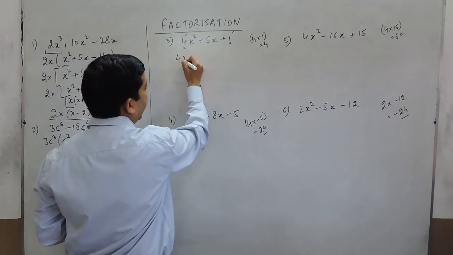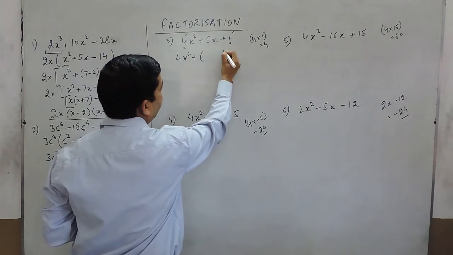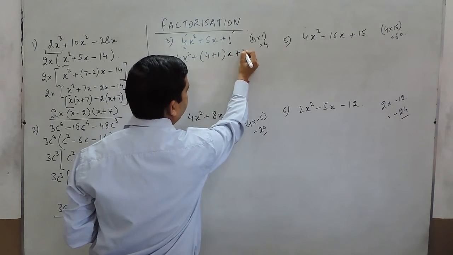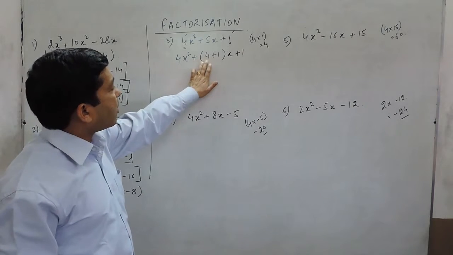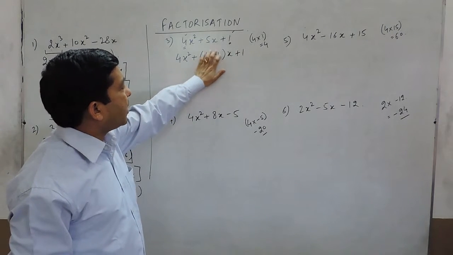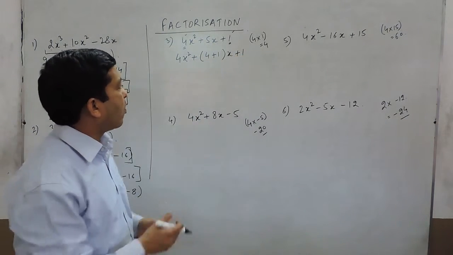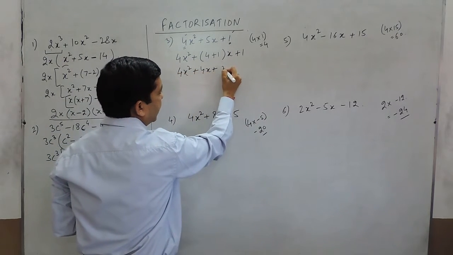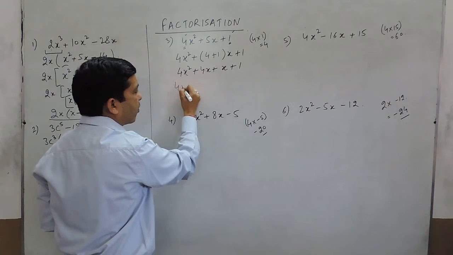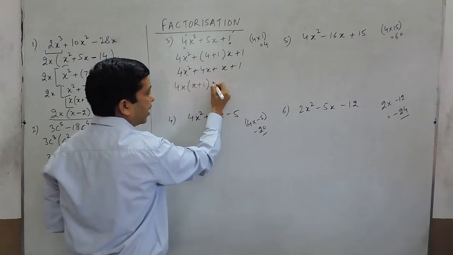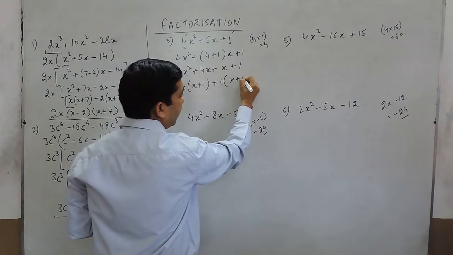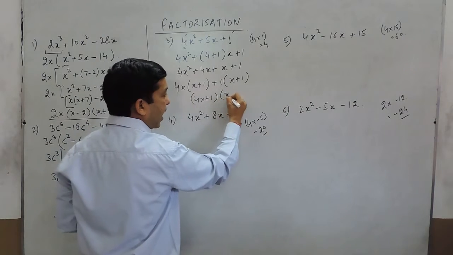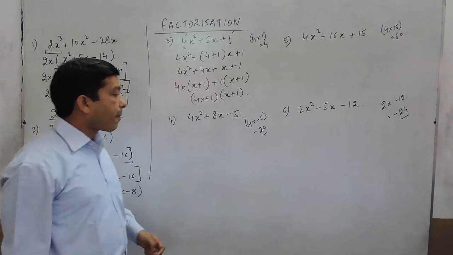Here I can put 4x square plus, this 5 has to be converted into 4 plus 1, into x plus 1, because the two factors 4 and 1 are such that the sum is 5 and the multiplication is 4. Here I can put 4x square plus 4x plus x plus 1. I take 4x common, it becomes x plus 1. Here also I take 1 common, it becomes x plus 1. So the two factors are 4x plus 1 and x plus 1.